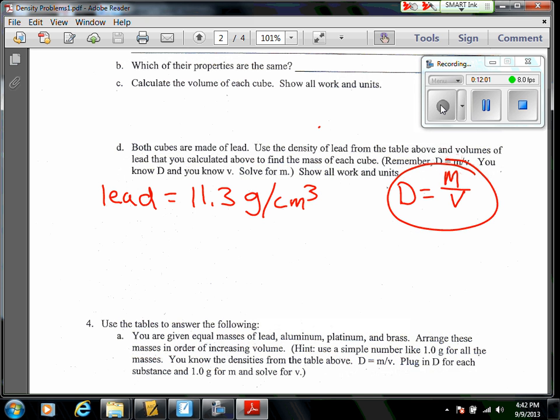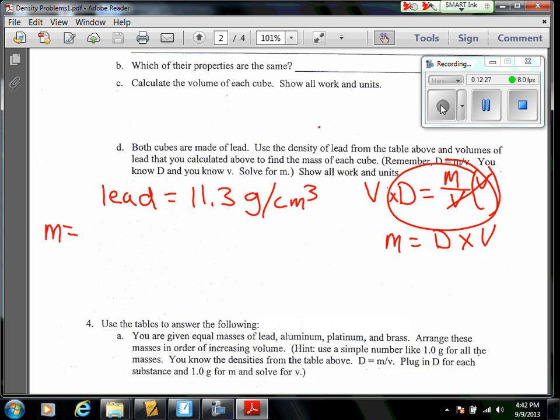If we multiply both sides by v, then these v's cancel. So mass is equal to density times the volume. All right, so let's solve for the first cube.